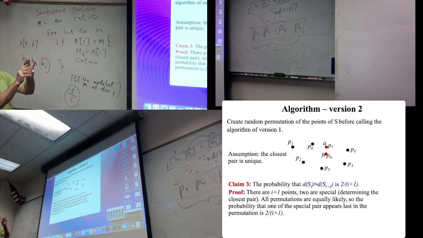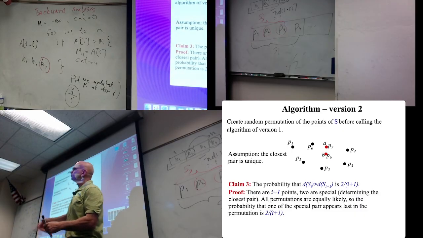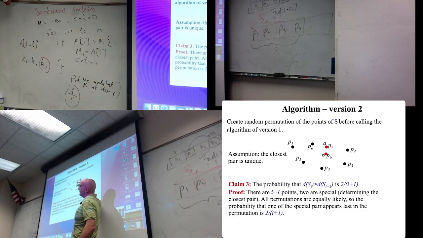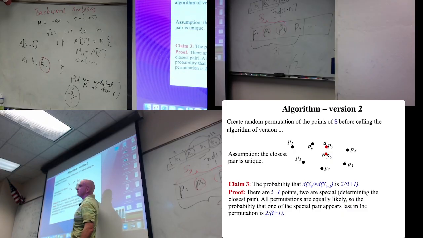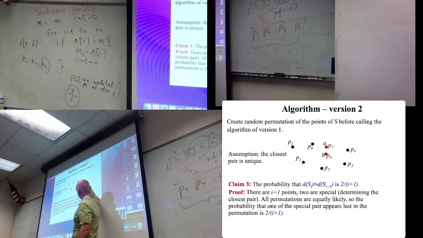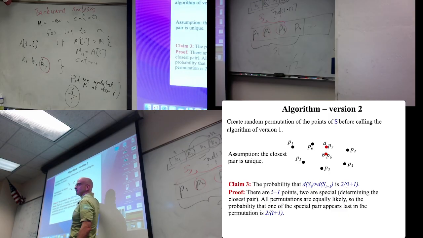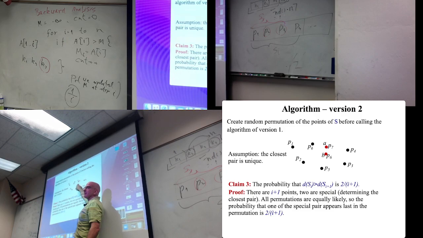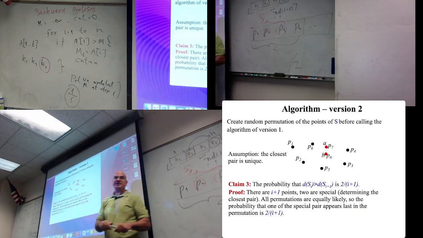But again, once you decide there are 2 points that define the closest pair, the distance or any other property is completely irrelevant. 2 are special. What's the chance that one of the special points will be the i plus 1 point? Since every permutation is equally likely, the probability that this guy will be the i plus 1 is 1 over i plus 1, the same as the probability for this guy.